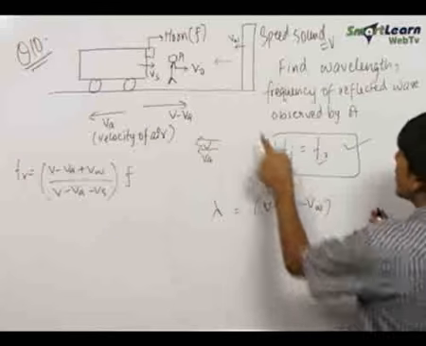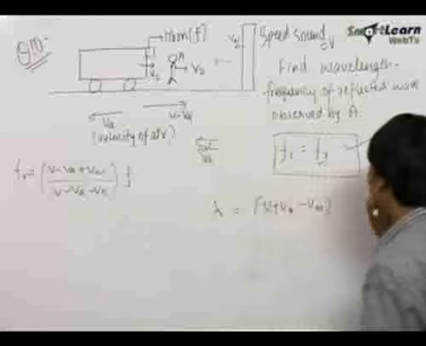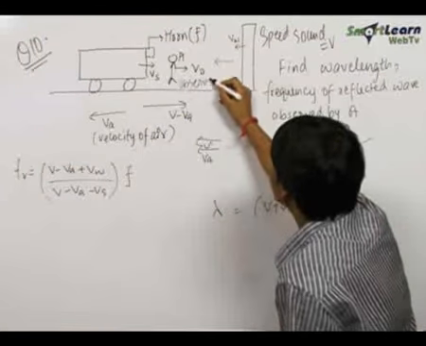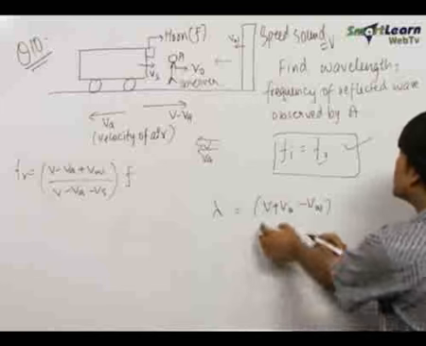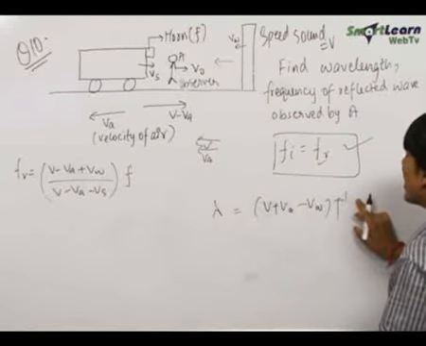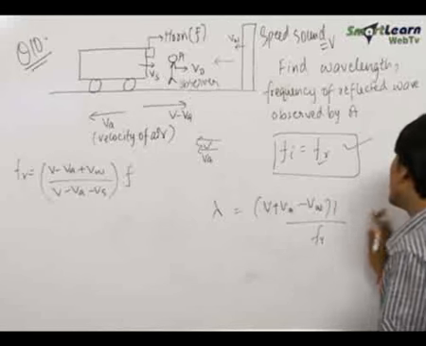V plus Va minus Vw, because the wall is travelling in the direction of the observer. The observer in this case is A. So the wavelength emitted is (V plus Va minus Vw) into T dash. T dash can be written as 1 upon Fr, that is the frequency reflected.